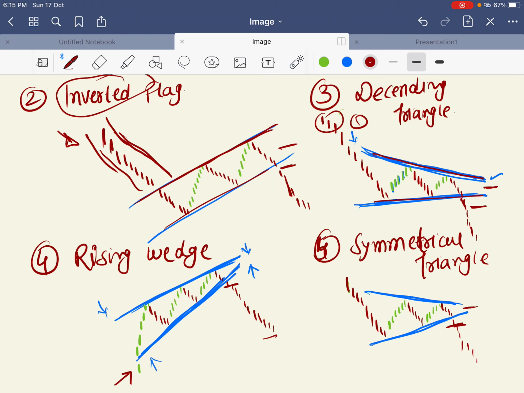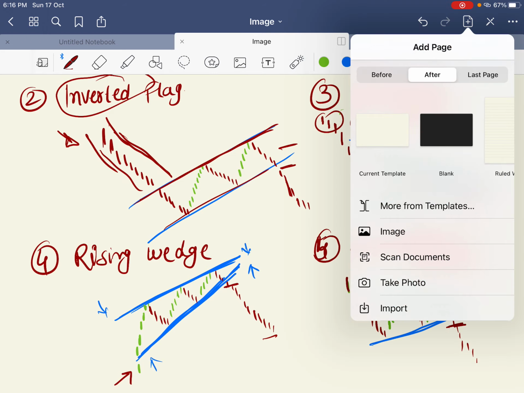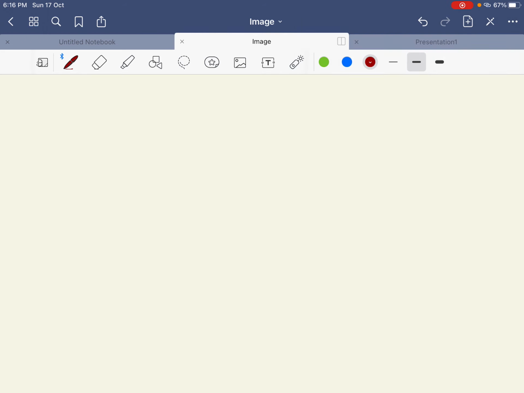So this is symmetrical triangle, and the last in bearish pattern, the sixth bearish pattern, is our bearish rectangle. How does it look like?